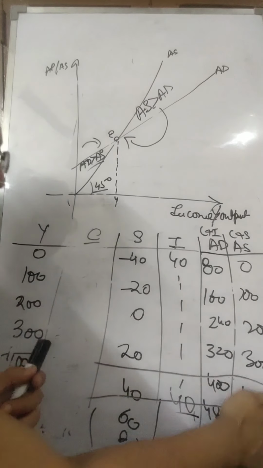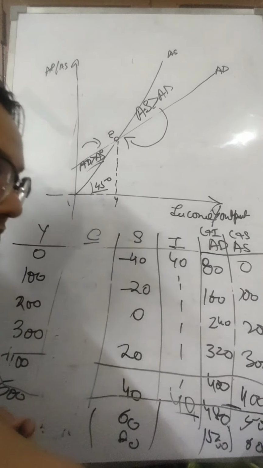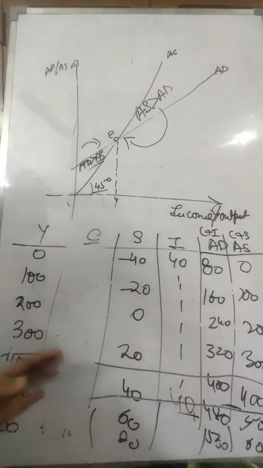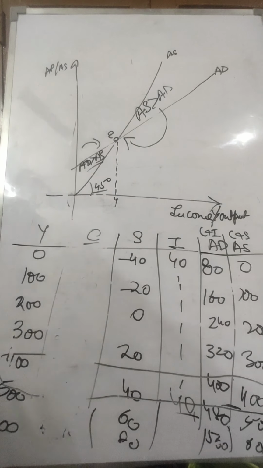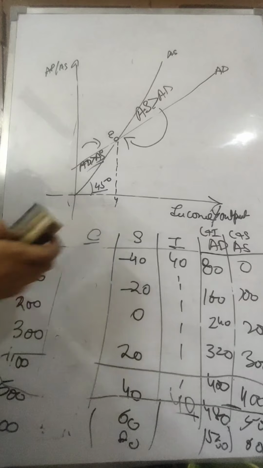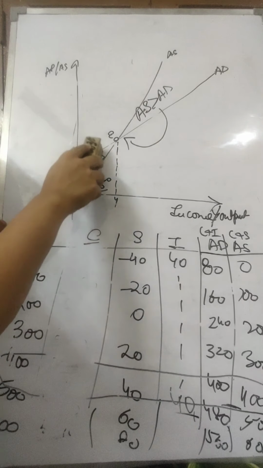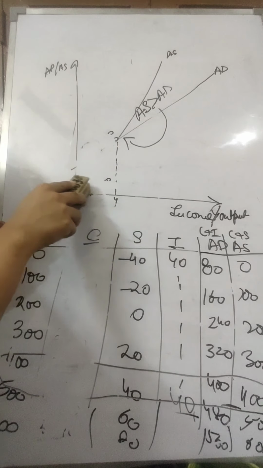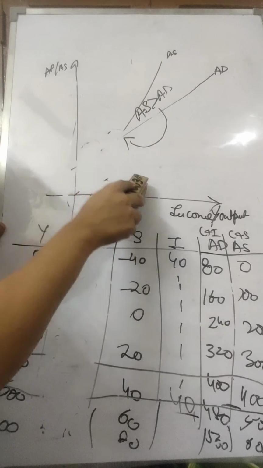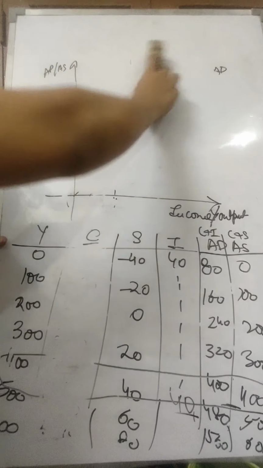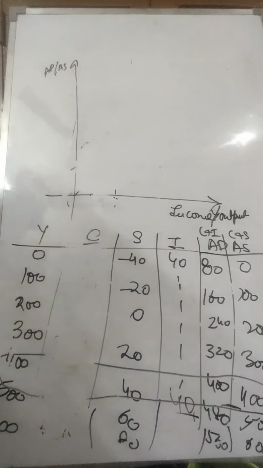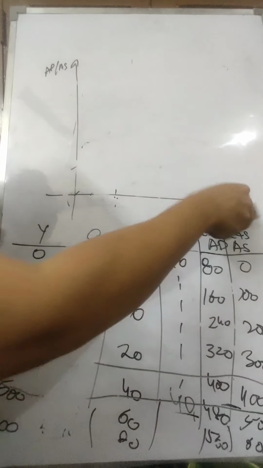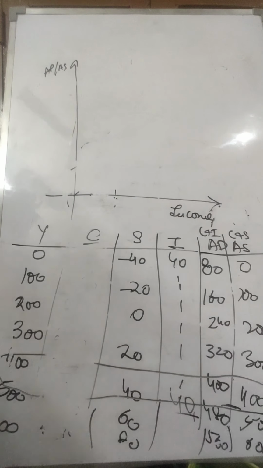But here I will be doing savings equal to investment, not AD equal to AS, and the diagram will also not be the same. I'll just rub it and draw the necessary diagram, because if I'm taking the investment and savings approach, it is very important that we take proper diagrammatic representations.